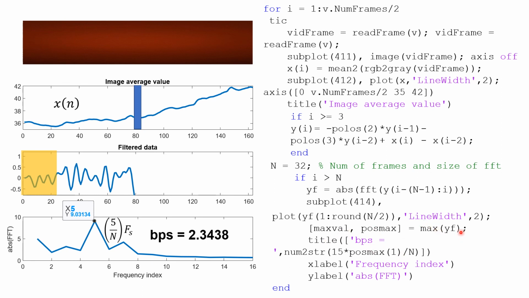For the maximum of the spectrum calculated for this block, I obtain the position and the value. I just need the position: I multiply the position times the sampling frequency, which is 15, and divide by the length of the FFT. Notice that I took 32 samples, so the FFT size is 32, and I'm just plotting the positive values here, as you can see.